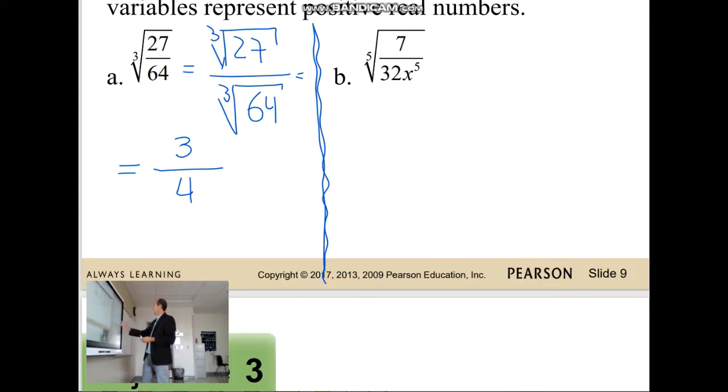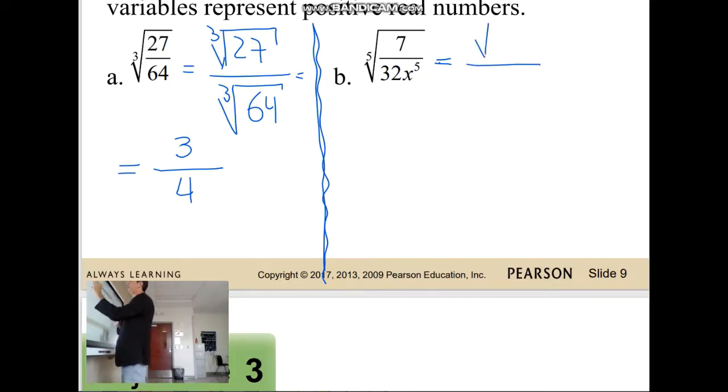All right, the next one. Now we have the fifth root of 7 over 32x to the exponent 5. Let's use the quotient rule.